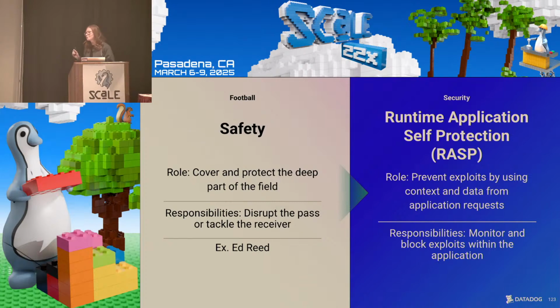But where the RASP tools really thrive is exploit prevention, because it's able to see the trace and gain extra visibility to identify whether an attack is happening. And because it can see exactly what's being called, it's able to generally use pattern matching to identify different attacks.